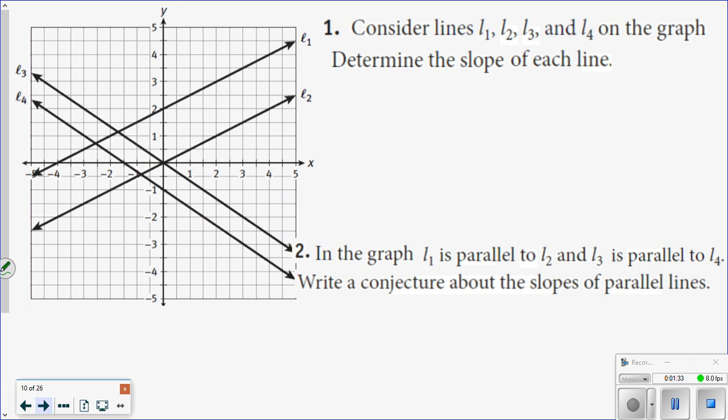And we are going to determine the slope of each line. So I want you to go ahead and pause and do that. But make sure that you are putting points on your line or lines. And then make sure you're counting your rise over run and find the slope of all of these.